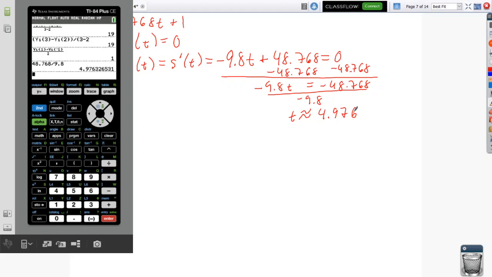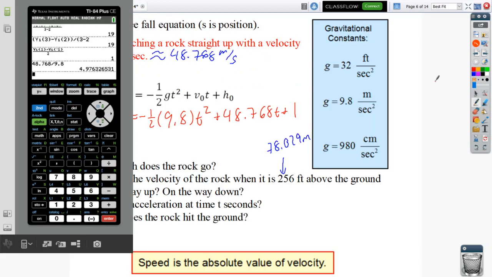So it went 4.976 in the air, right? Okay, no. Here's where you really need to clarify your units. You need to make sure you use appropriate units. So in this case, t is approximately 4.976. t stands for the time. So time, we look back at our units to figure out what time would make sense in this particular situation. And I can see, well, I've got seconds here, I've got seconds squared here.